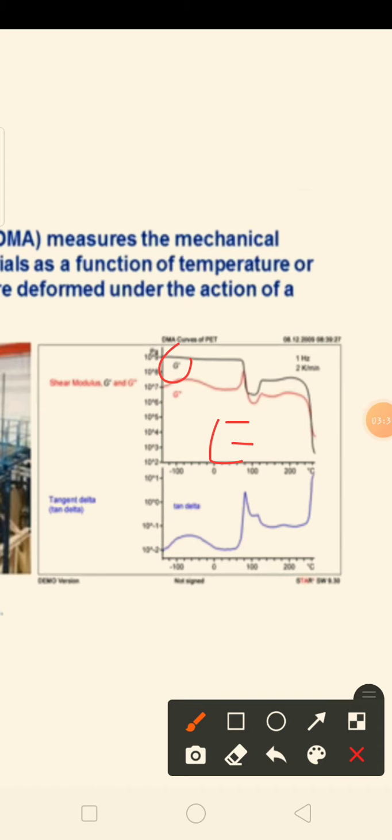The diagram on the right side shows the result of a dynamic mechanical analysis measurement of PET in the shear mode. The curves show the G prime storage modulus and the G double prime loss modulus, shown in the black line, and tan delta as a function of temperature.